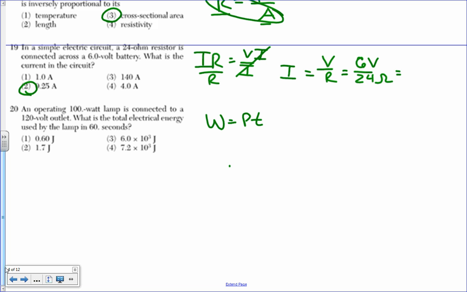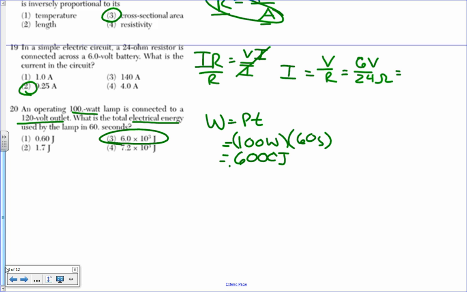Given P, given V, and we're trying to find electrical energy W. So if I know the power of 100 watts and I know the time of 60 seconds, I can just multiply the two and get 6,000 joules. And what is 6,000 in scientific notation? That's 6 times 10 to the 3.